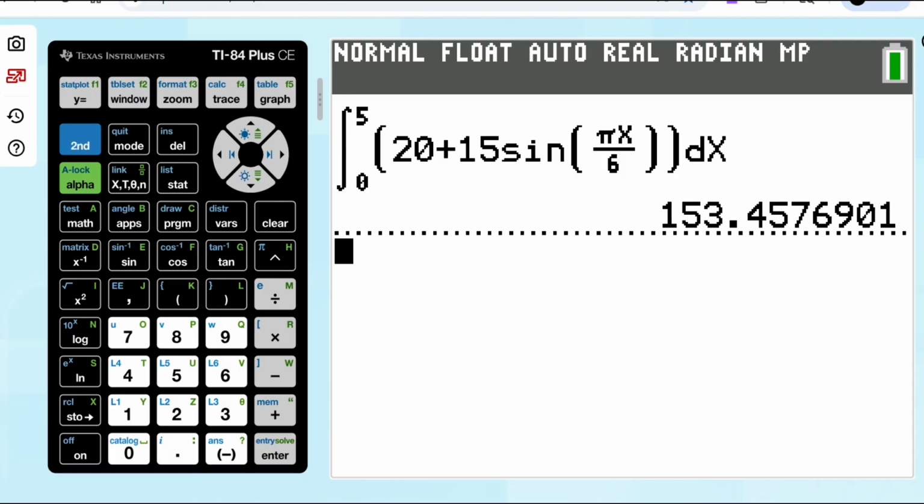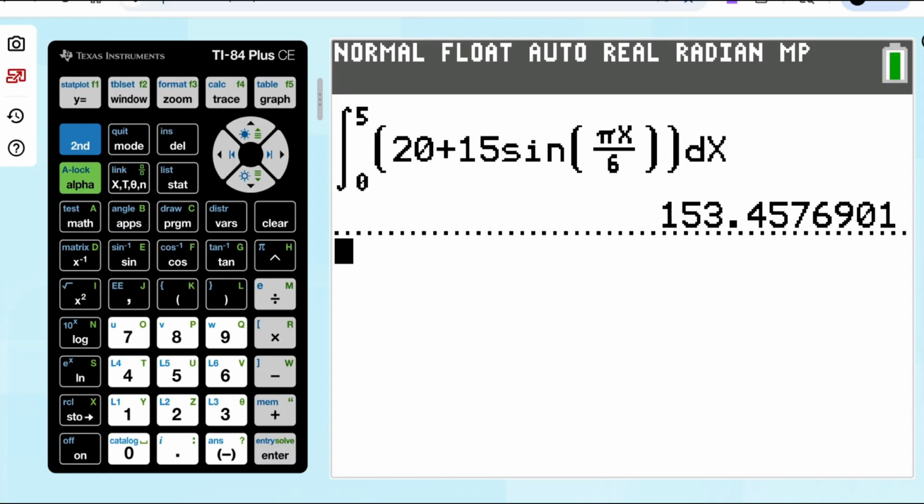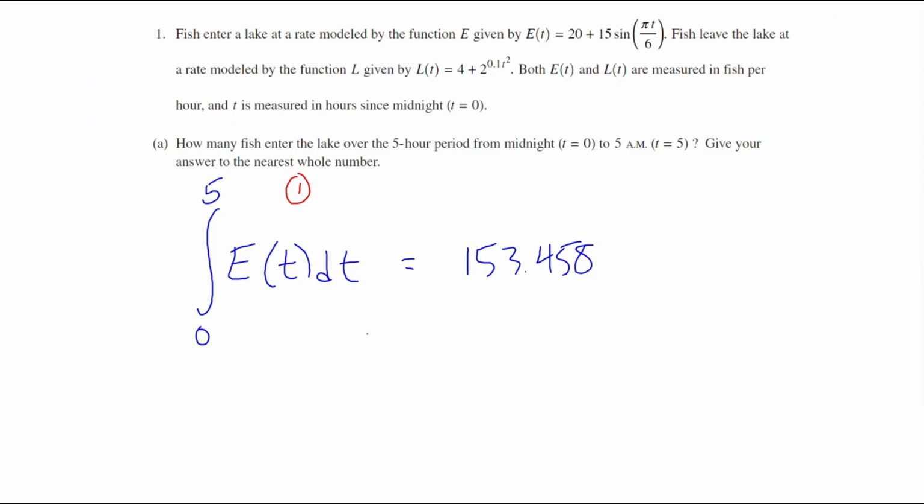We get 153.458. And so that's 153.458. And it says to the nearest whole number, so we're going to say 153 fish.